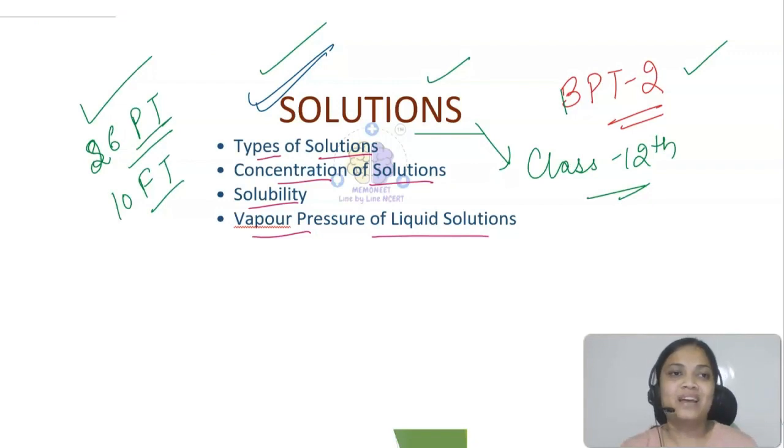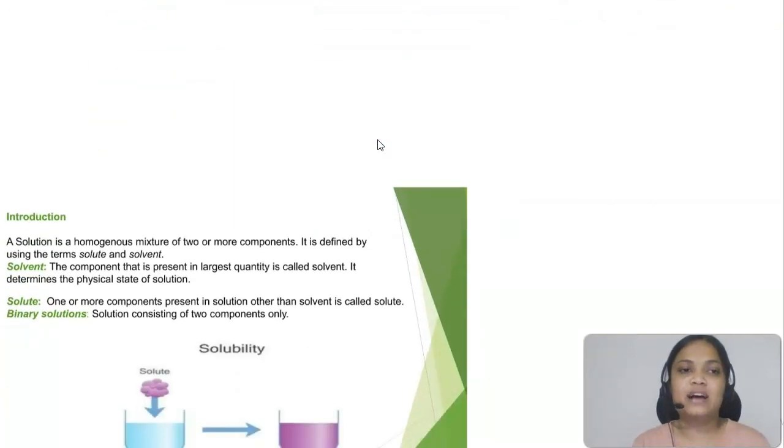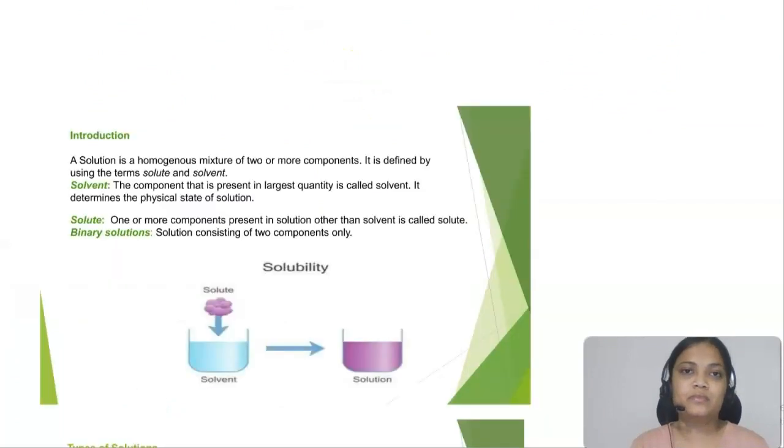Okay, so let us start with today's topics. So students, you might have studied what solutions are in your lower classes, right? So let's have a very quick introduction about that. See, a solution is a homogeneous mixture, right? And by homogeneous mixture, what do I mean?